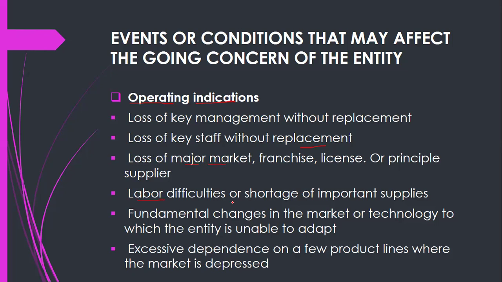Then labor difficulties or shortage of important supplies, maybe problems with the supply chain, the necessary raw materials for production are not coming in time. Maybe there's poor supply. Then the company is going to have a going concern problem because it won't be able to meet demand. And if it can't meet demand, it won't make enough sales to survive, right?